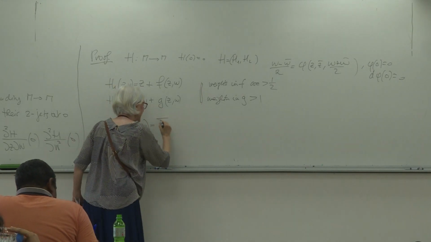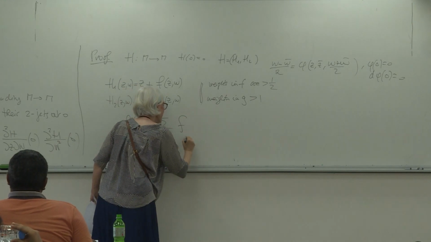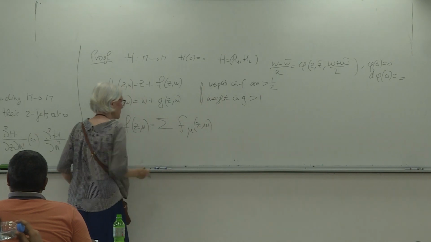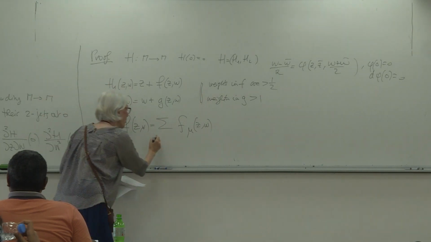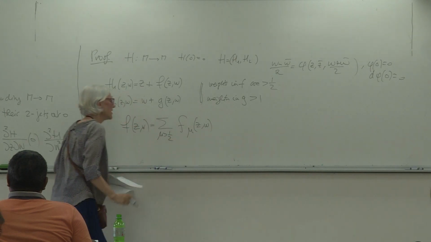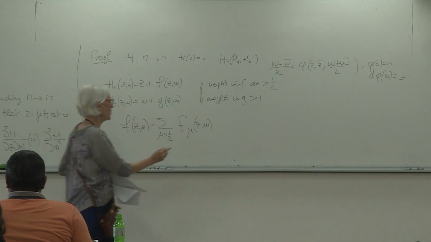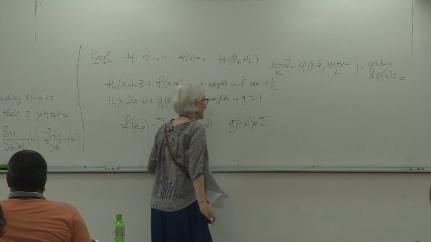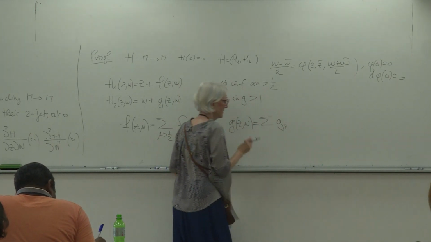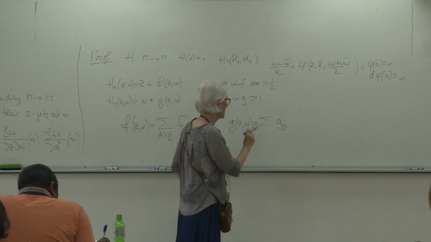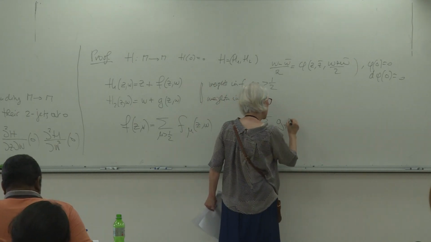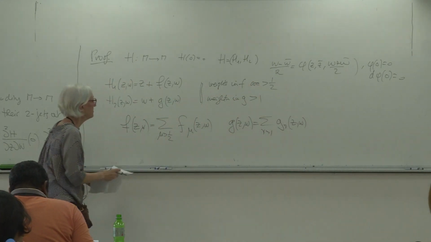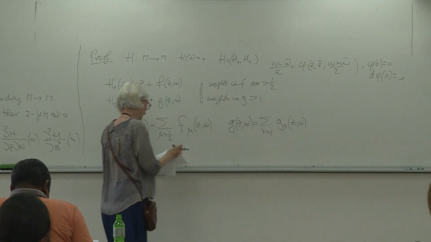So I'm going to write the summation of F_mu of Z, W for the chosen weight, and we know that mu is bigger than 1/2. And the same for G. G of Z, W, I'm going to write as a summation with respect to the weight, decomposing into polynomials of weighted degree nu, G_nu of Z, W, with nu bigger than 1.